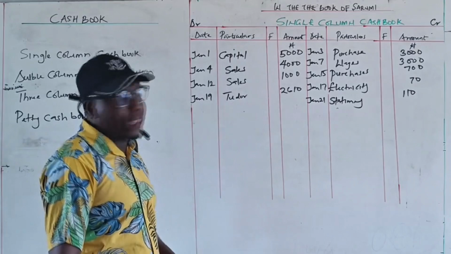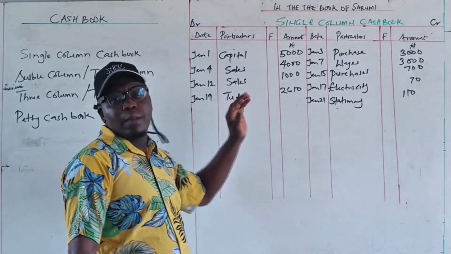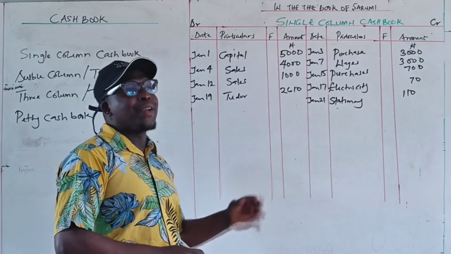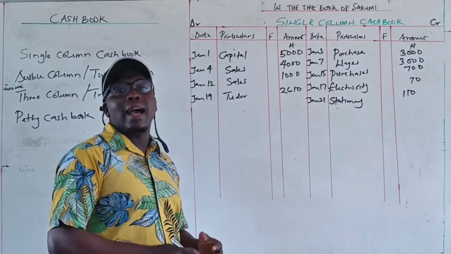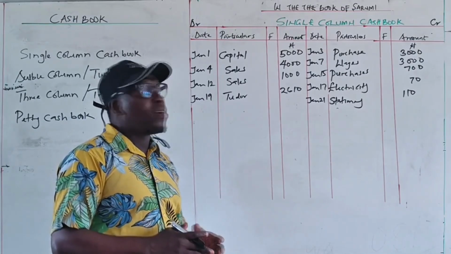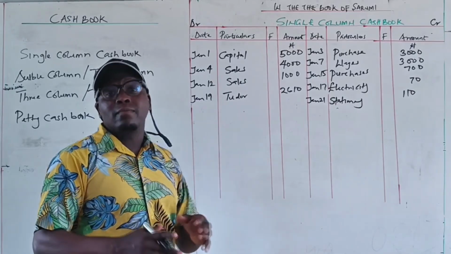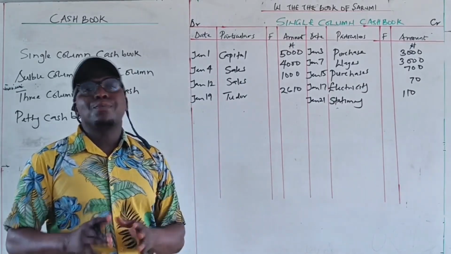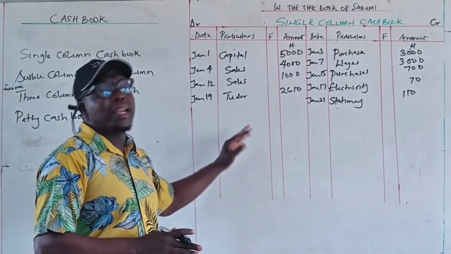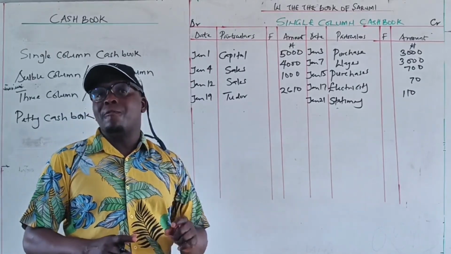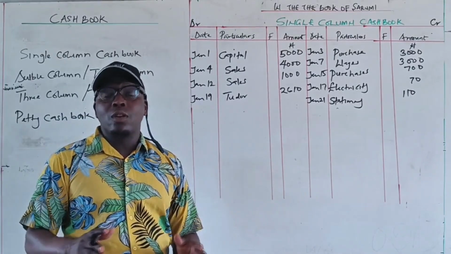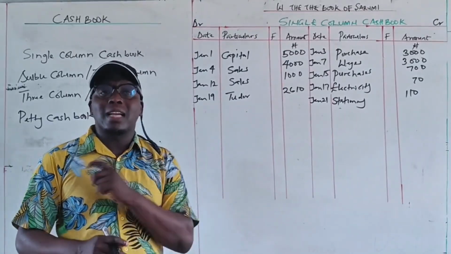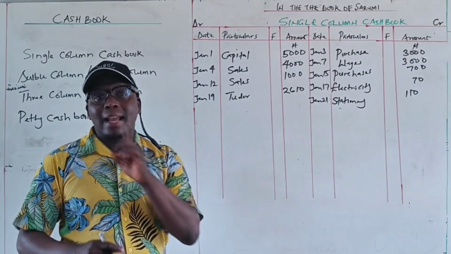Having done with the posting, we need to add up both sides of our account to see which side is having the higher value and which side is having the lower value. By virtue, the cash book is expected to have a debit balance, which will conform with the trial balance rule that all assets must be debited, because cash account is also an asset.